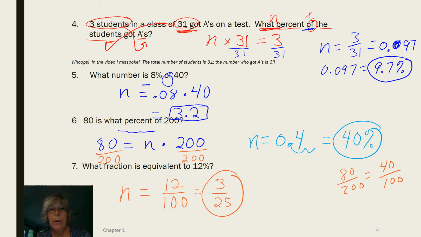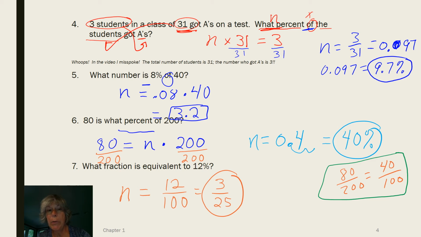I said that I would try a problem using ratios to solve these as well. So students who like to do ratios typically would maybe choose one like number 6. And if it says 80 is what percent of 200, they would set up something very similar to what I wrote right over here, where it has 80 over 200 equals 40 over 100.